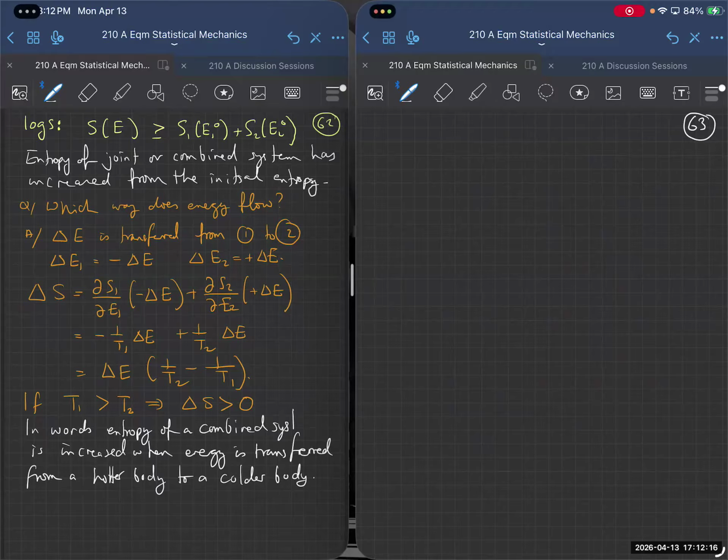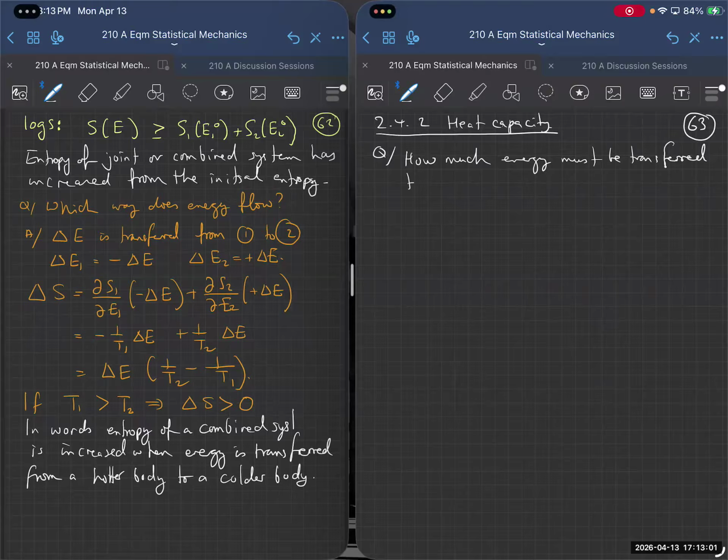Okay, so now I want to talk about heat capacity. So you can ask the following question. How much energy must you transfer to a system to raise its temperature by an amount delta T?